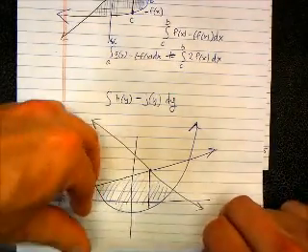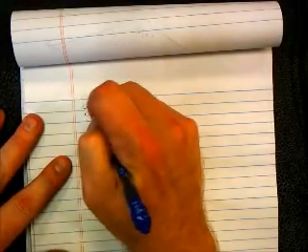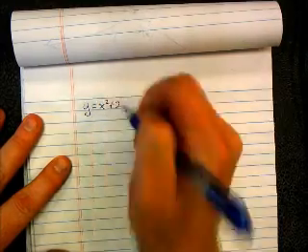Okay, so let's do some specific problems now. Now that we have the idea of how messy this could possibly get. All right, so I'm just going to steal some problems out of the book here. It's giving us y equals x squared plus 2.